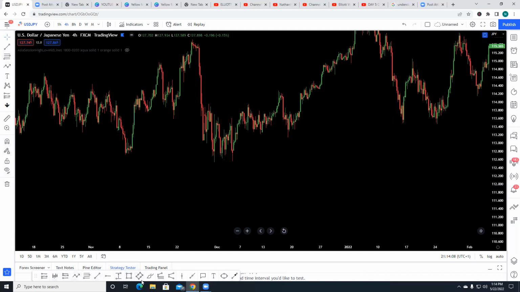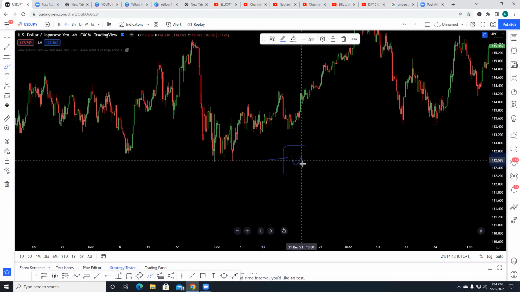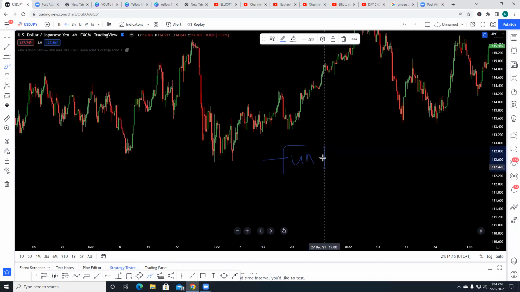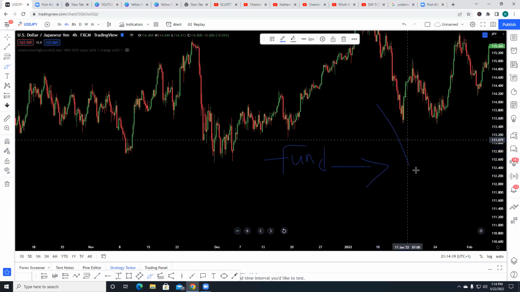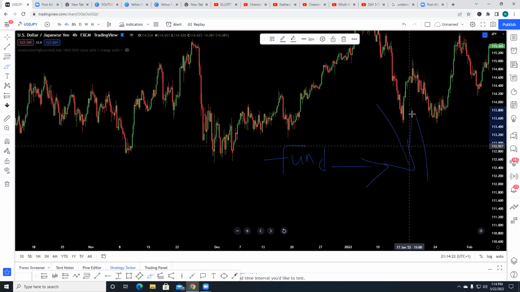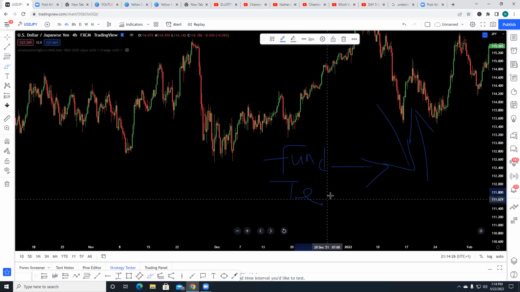Number 1, I'm first and foremost going to look at fundamental analysis, to see the overall direction, whether up or down. Number 2, I'm going to see the technical analysis.